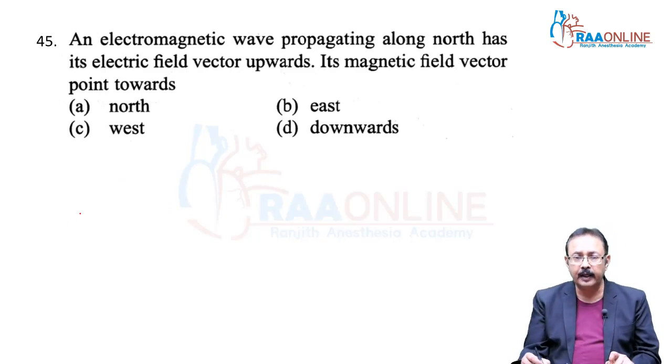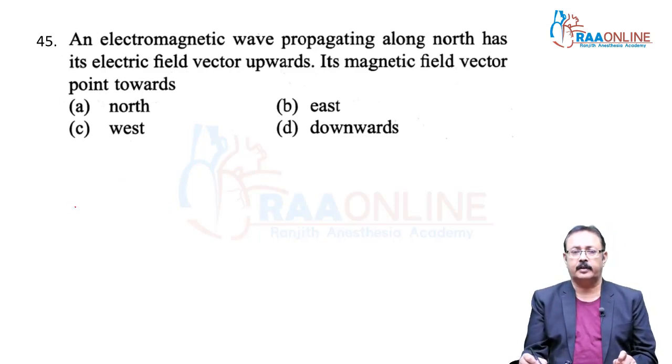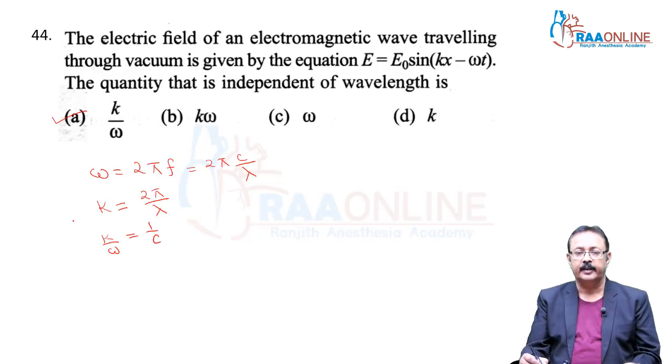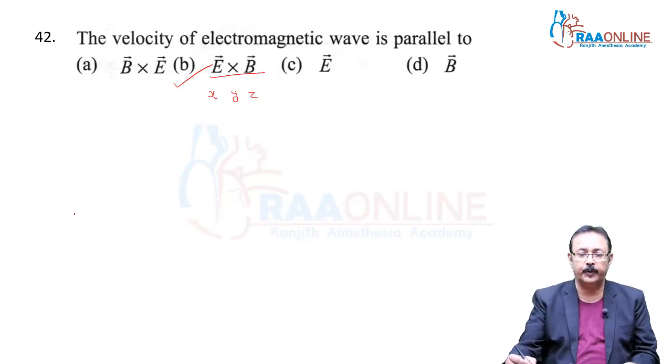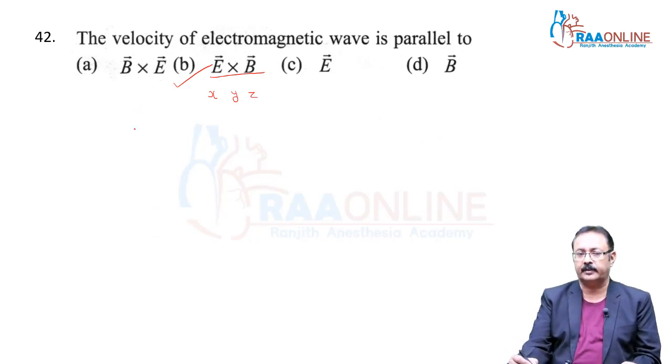Next, an electromagnetic wave propagating along north has its electric field vector upwards. Its magnetic field vector points towards what? Now this formula will help you. That's why I was saying take care to whom we have to write first.